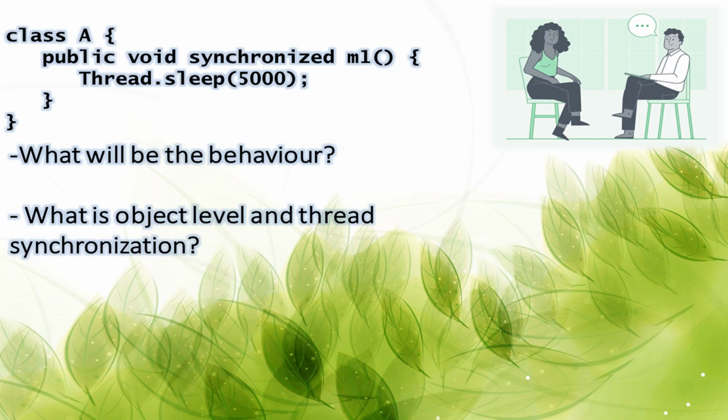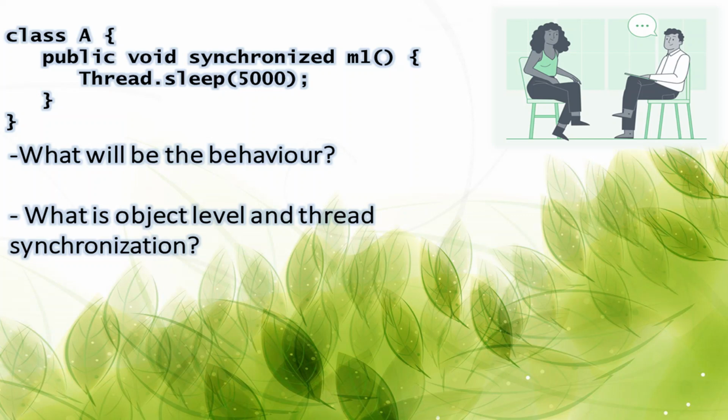Let's say I have a class A, and inside that there is only a single method m1, which I have defined as public synchronized void m1, and in its body I'm calling Thread.sleep for 5 seconds.